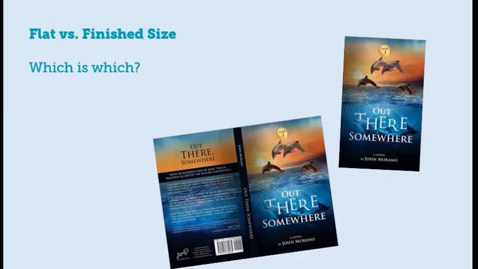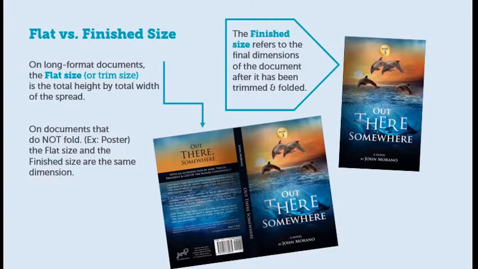Okay, and so flat size versus finished size. Do you all know which is which? So the finished size is the thing on the right. It is just the cover of this book. It refers to the final dimension of the document after it's been printed and trimmed and folded.